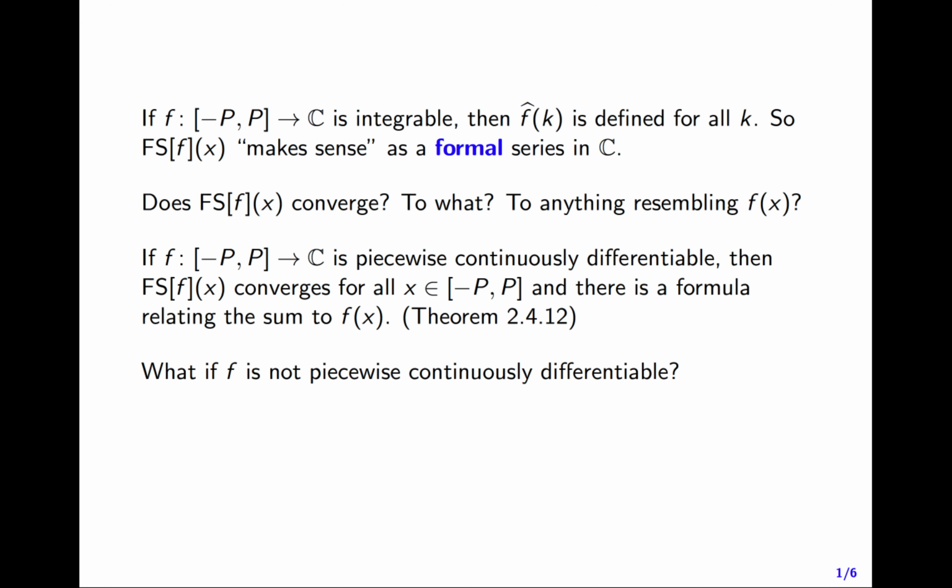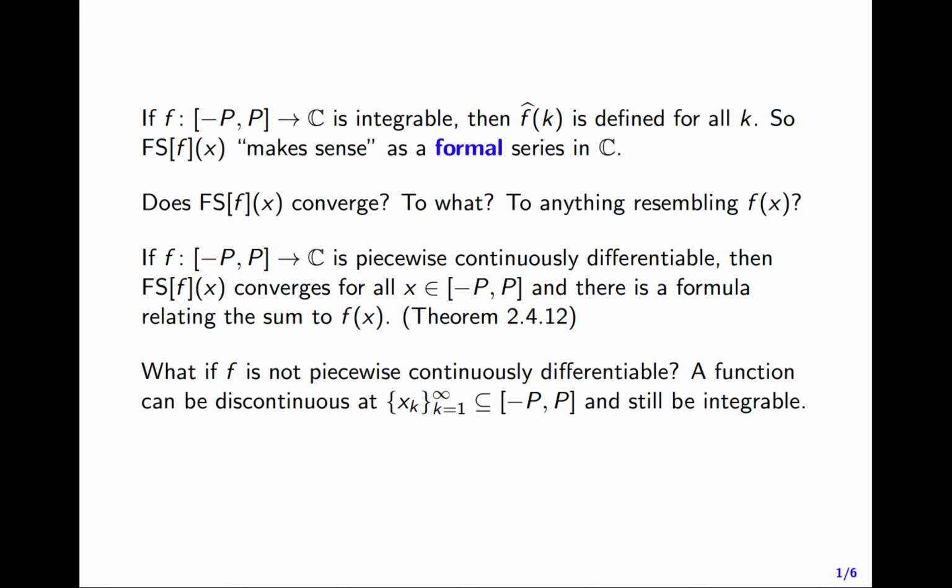But what if our function f is not piecewise continuously differentiable? Although it may not seem like it from the point of view of calculus, being piecewise continuously differentiable is kind of a strong restriction on f. A function, it turns out, can be discontinuous at a countably infinite number of points, at a sequence of points xk, indexed by k equals 1 all the way up through infinity, in the interval minus p to p, and still be integrable on minus p to p.